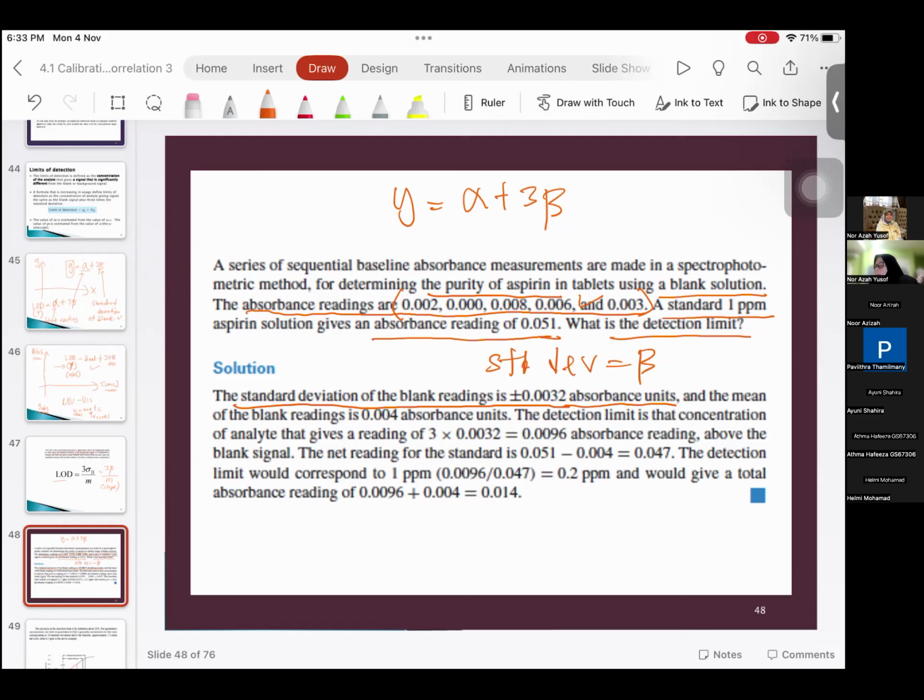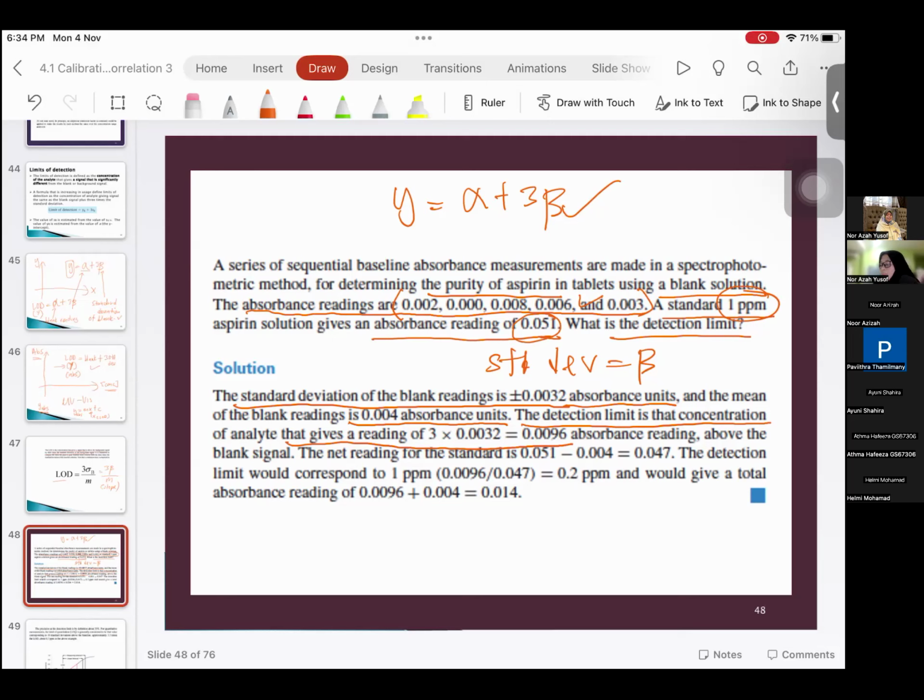And the mean of the blank reading, which is supposed to be alpha, is 0.04 absorbance units. This is a different style. The detection limit is the concentration of analyte that gives a reading of 3 beta above the blank signal, the net reading. But there is other information, which is that 1 ppm gives an absorbance of 0.051.